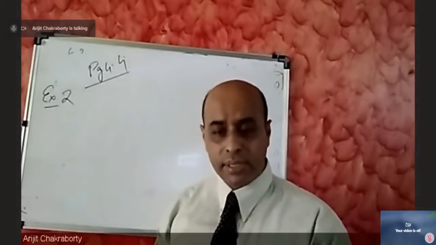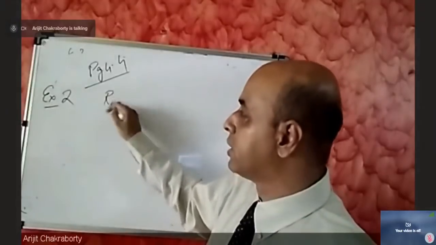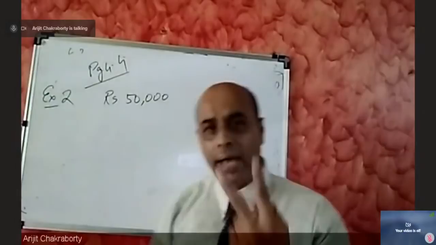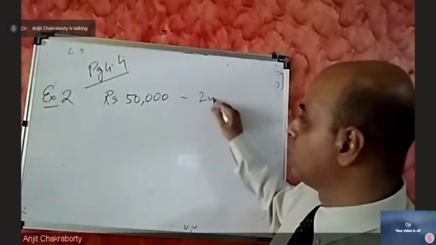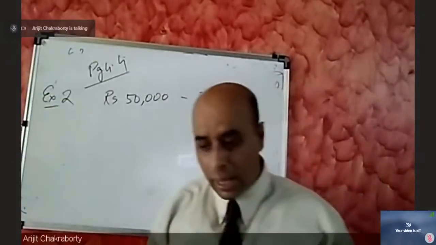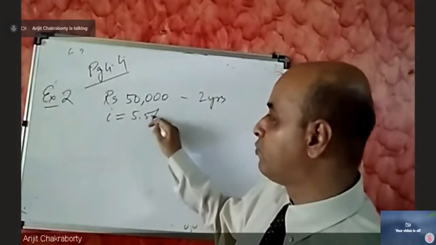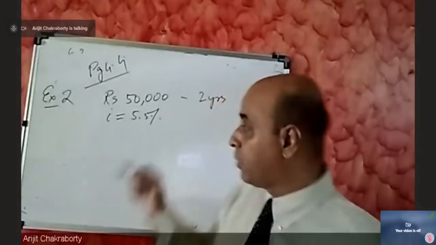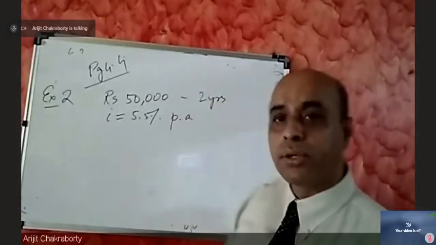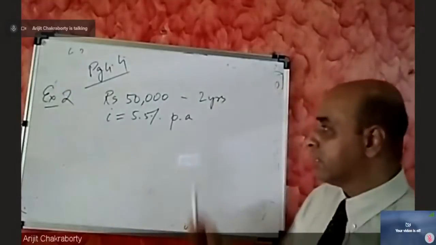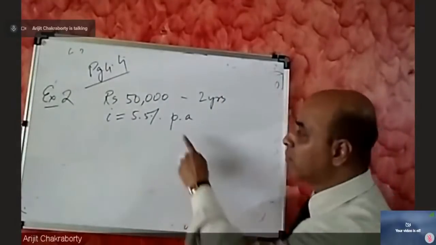Sania deposited, please see the problem. Sania deposited rupees 50,000 in a bank for 2 years, and the interest rate was 5.5% per annum. Please note that the words per annum mean per year, and the short form is PA.